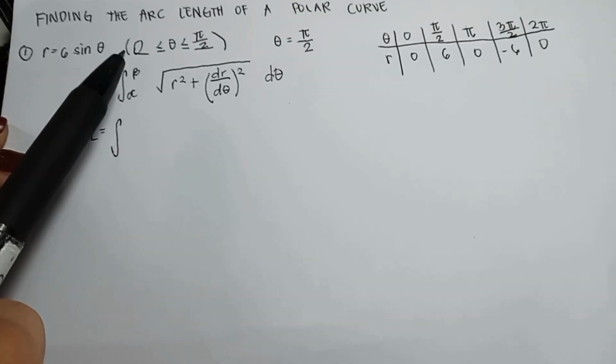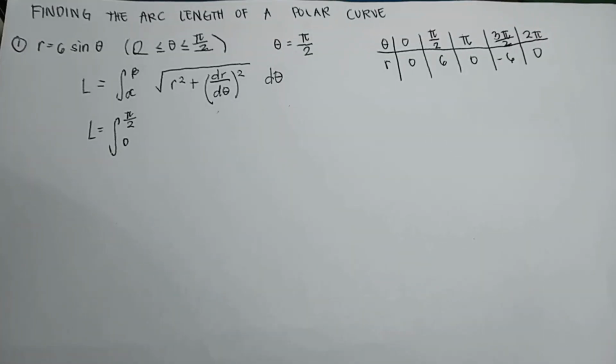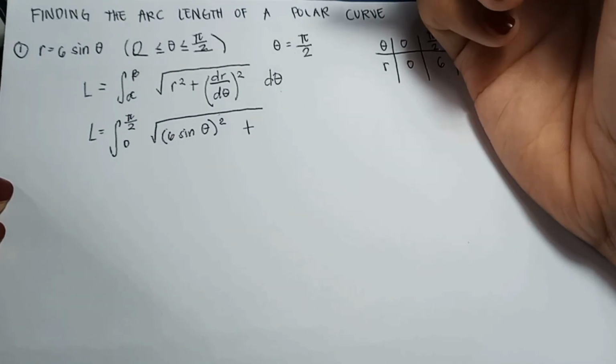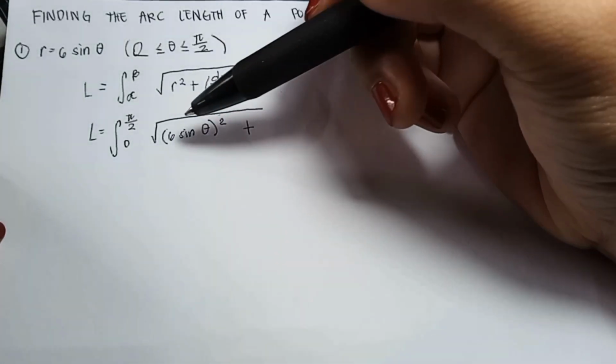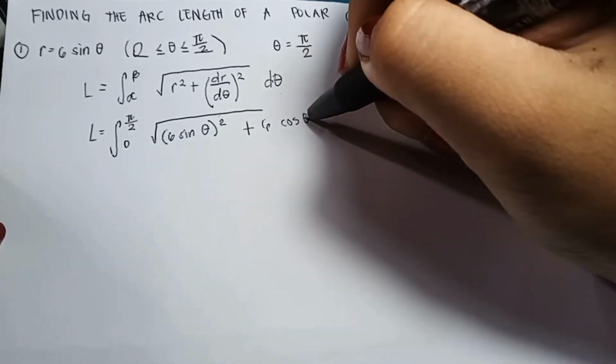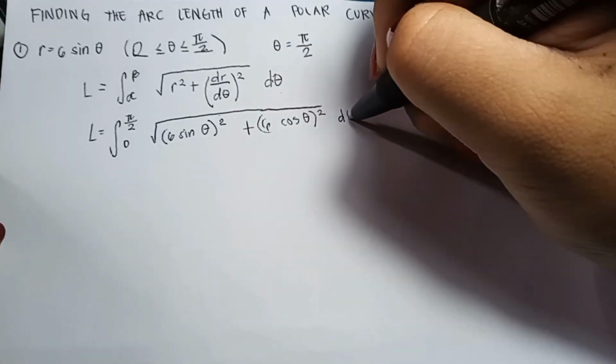So we already got the lower limit and upper limit: the lower limit is 0 and the upper limit is pi over 2. Let's insert the value of r, which is 6 sine theta, and let's not forget the exponent 2 from the formula, plus the derivative of r, which is 6 cosine theta, and let's not forget the exponent 2 here as well, and then d theta.